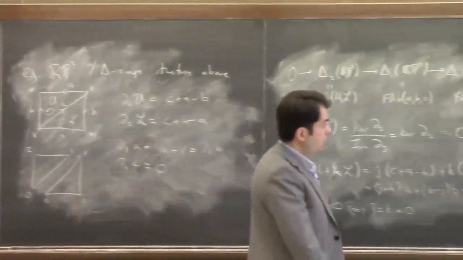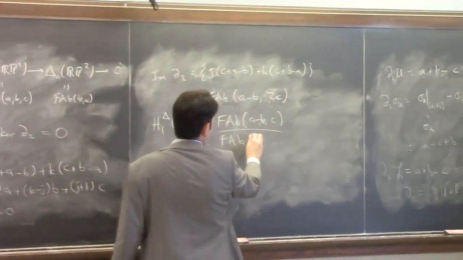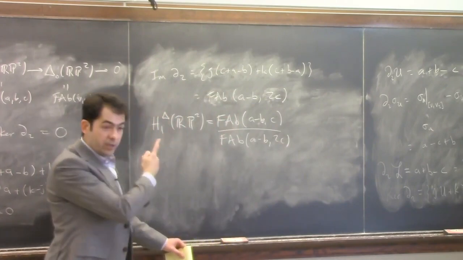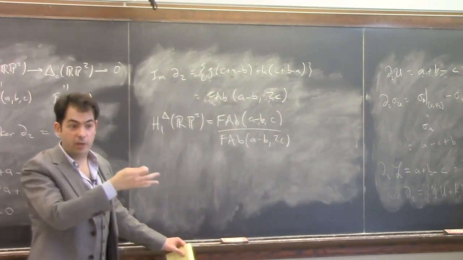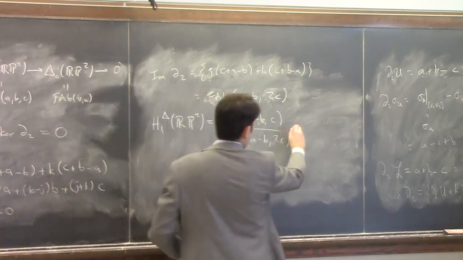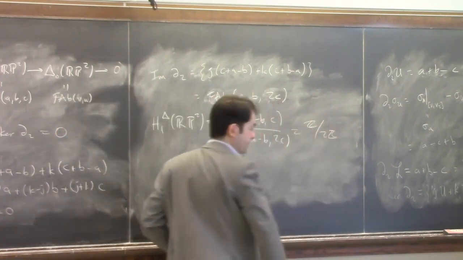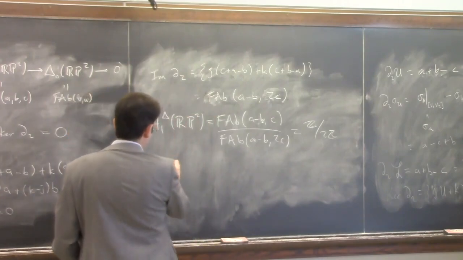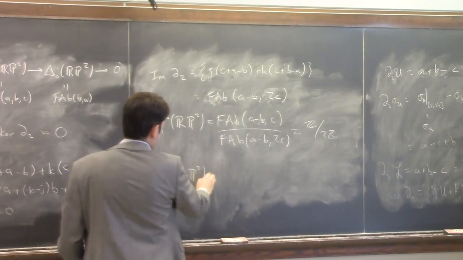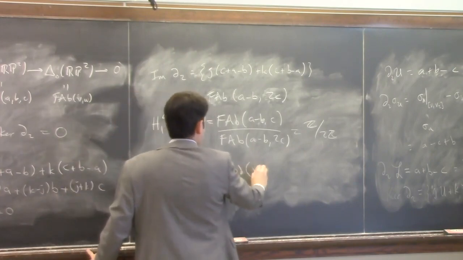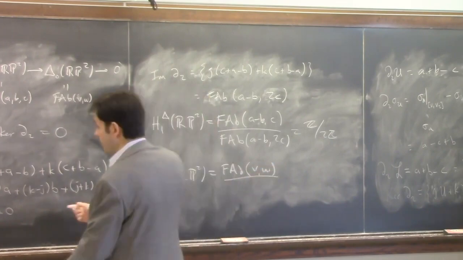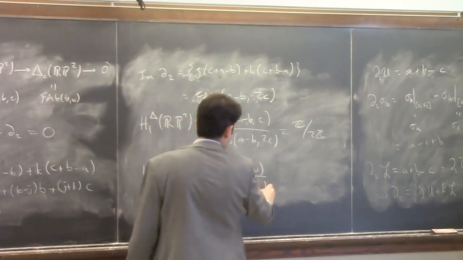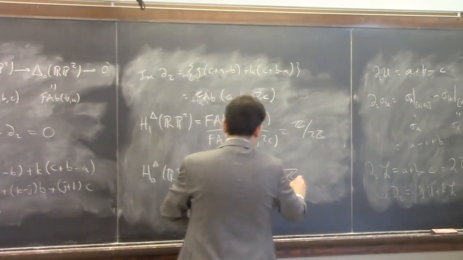Right? So you get the free abelian group on A minus B, comma C, and you mod out by the free abelian group on A minus B, comma 2C. So A minus B just dies, and you end up with C mod out by 2C. Right? So that's Z mod 2Z. And then H0 delta of RP2 is the free abelian group on V, W mod out by the image, which is the free abelian group on V minus W. So you end up with just Z.